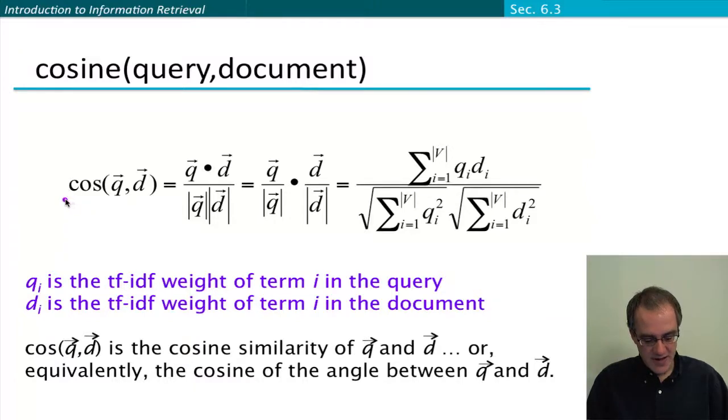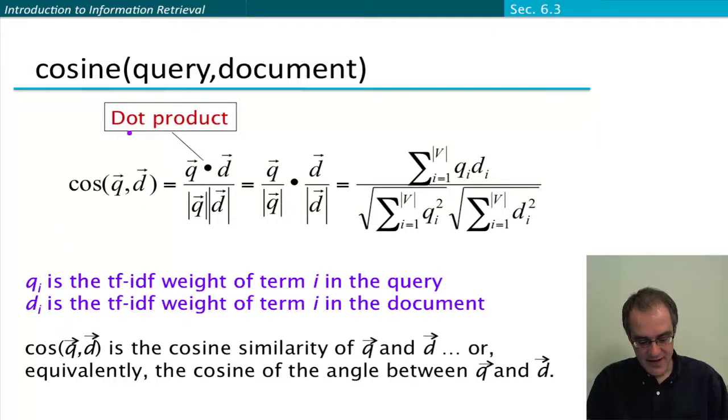So here's the cosine similarity between two documents, which is the cosine of the angle between the two documents. In the numerator, we calculate a dot product, so we're taking the individual components of the vectors, multiplying them component by component and taking their sum. Then we have a denominator which considers the lengths of the vectors.